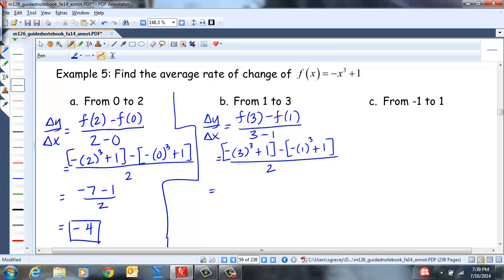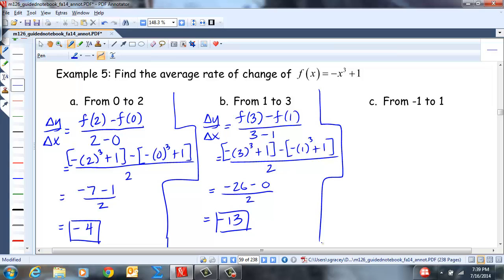The first brackets are going to be negative 27 plus 1, which gives us negative 26, and then minus negative 1 plus 1, which is 0, all over 2. So that'll give us negative 13. Are we doing okay so far?